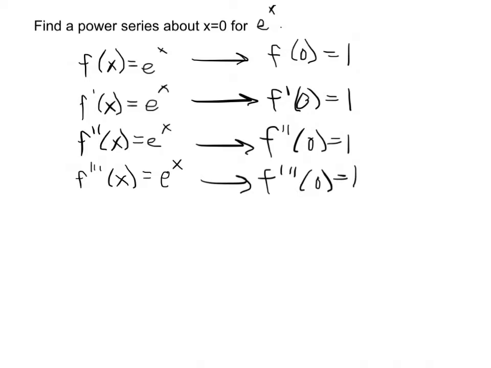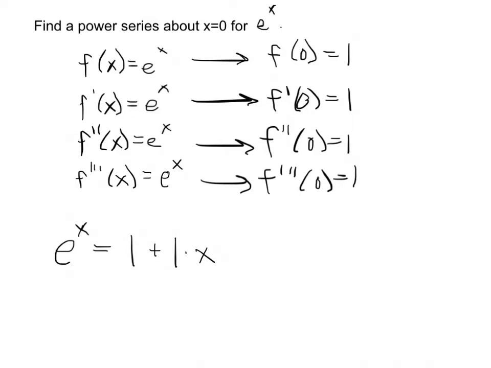So now that I have that, I can say that e to the x, my function, is equal to, and we can write out the power series, right? The first term was supposed to be the value of the function, which is 1. Then we had plus f prime, the first derivative, which was 1, so I've got 1 times x.